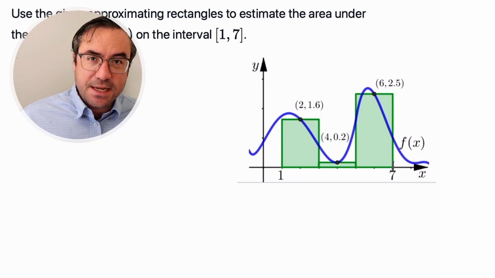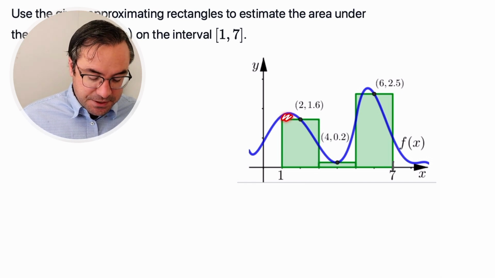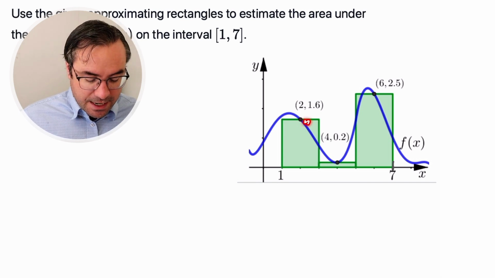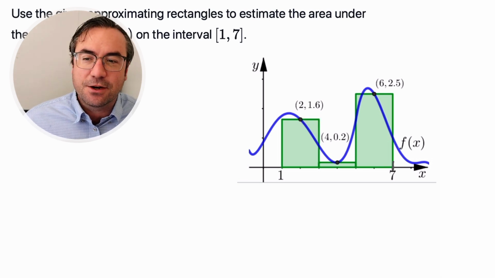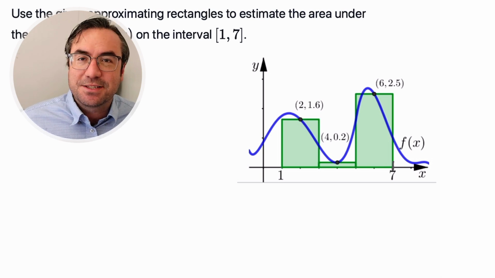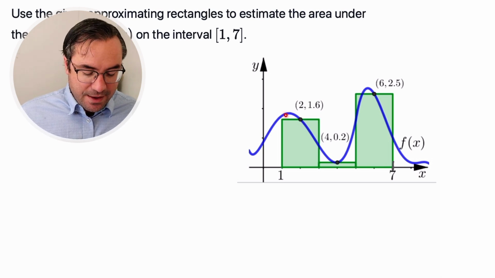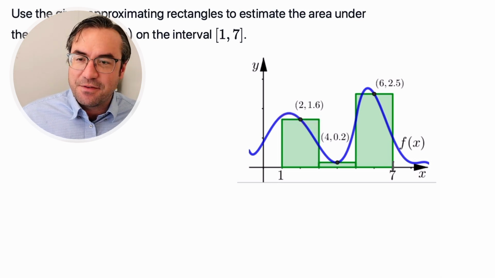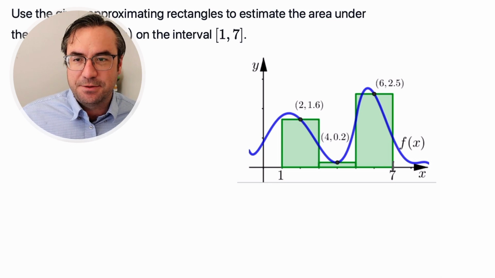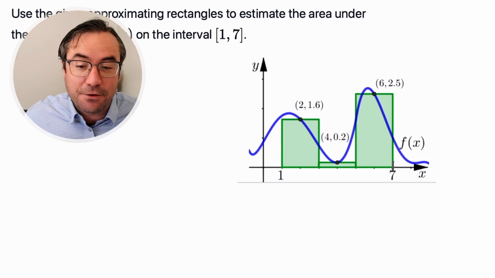You can tell this is an estimate because there are pieces of our region that our rectangles don't cover, and there are excess regions where we're covering part of the xy-plane that's not underneath the curve. So we are just doing an estimate. Let's go through the calculation.